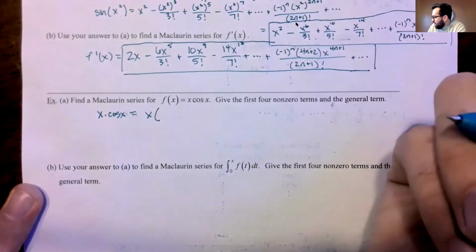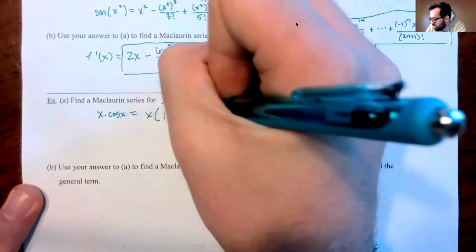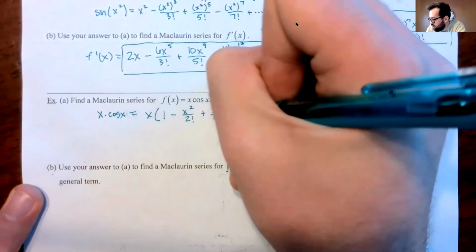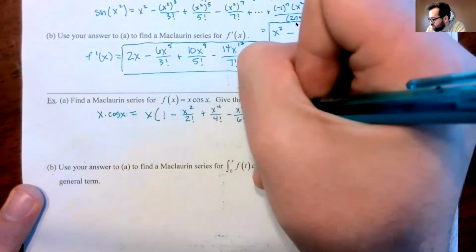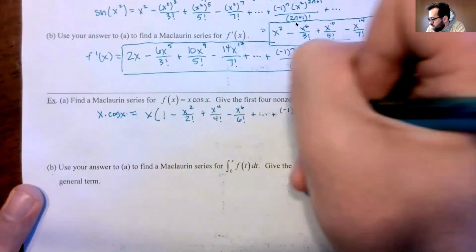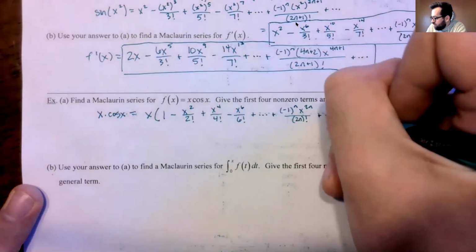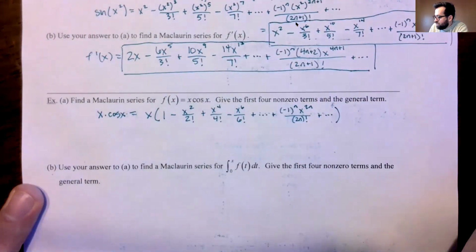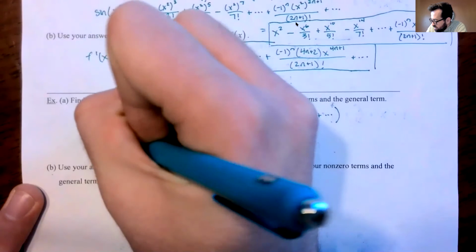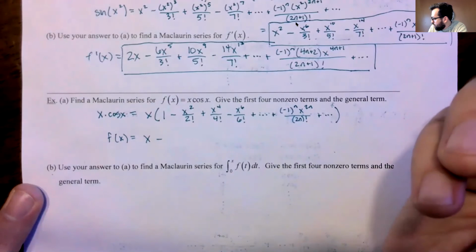So we said at the top of this page that cosine x is 1 minus x squared over 2 factorial plus x to the 4th over 4 factorial minus x to the 6th over 6 factorial. The general term was negative 1 to the n, x to the 2n over 2n factorial. And all we need to do is just multiply or distribute the x. So we could say our f of x now equals x, and all the exponents on the x's are just going to go up by 1.